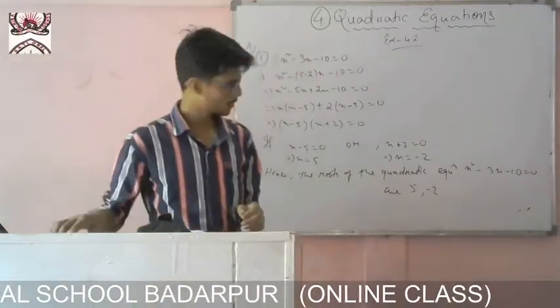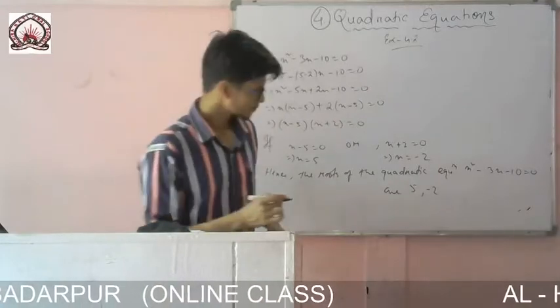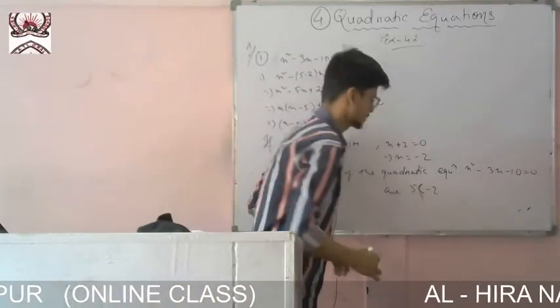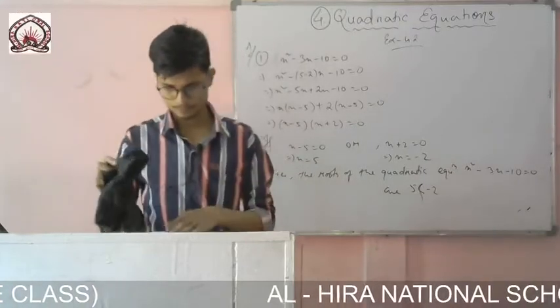The roots of the quadratic equation are 5 and minus 2. So next one also same, okay, let me do.